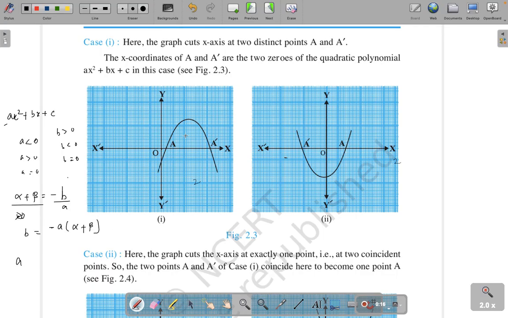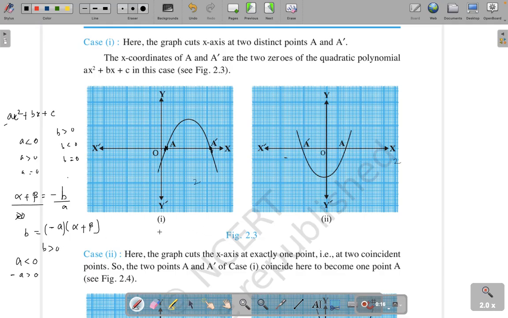So you know a is less than 0, so minus a is greater than 0. And you already know alpha plus beta is greater than 0, because one root is greater than 0, so the other must be greater than 0. I mean from the graph itself you can see, if this is greater than 0, this is to the right-hand side, so this is also greater than 0. So this becomes the product of two positive numbers. So therefore b must be greater than 0.